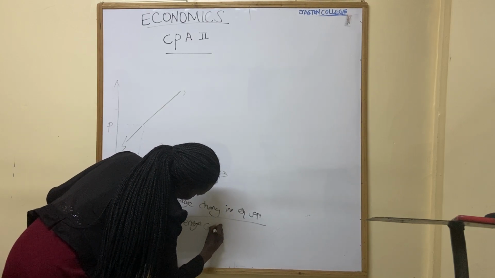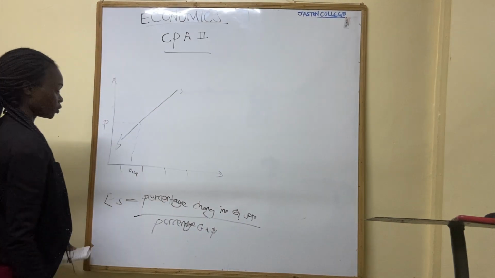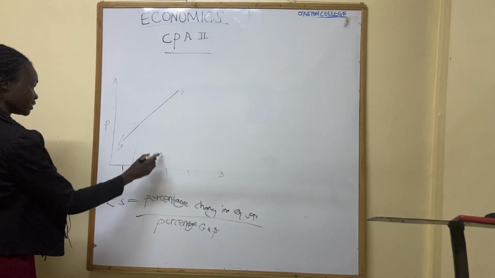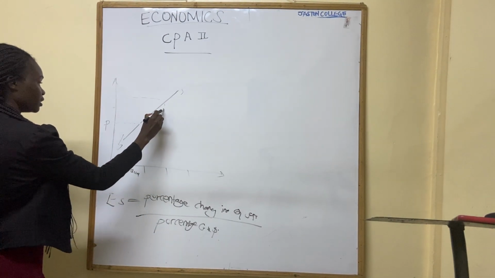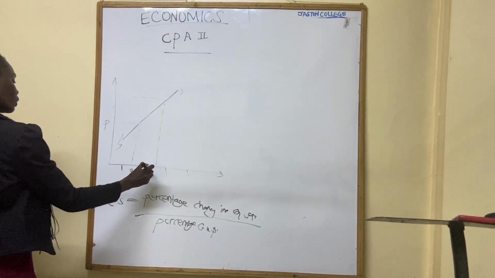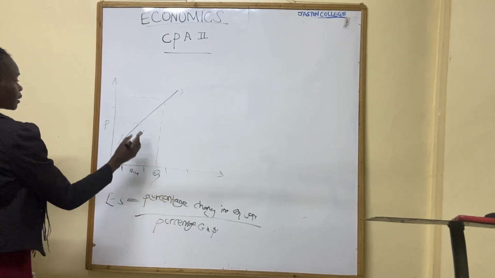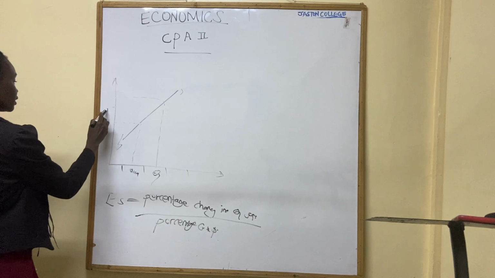So this is the calculation of the percentage change in quantity; you divide by the change in price.